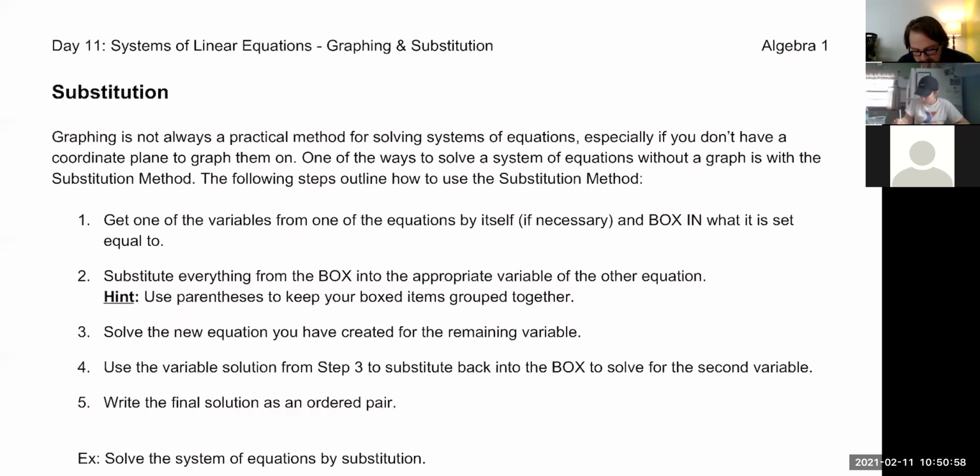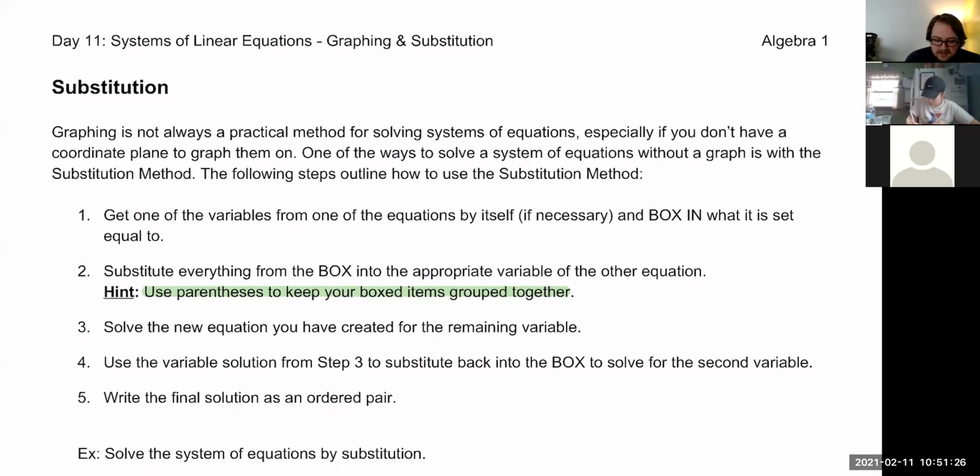That box is containing multiple pieces of information. When we go to do a substitution, the box is going to be a bit cumbersome to carry through our process. So I recommend using parentheses to keep your boxed items grouped together. And in fact, that's going to help us in the following steps because we know what to do with parentheses, hopefully.